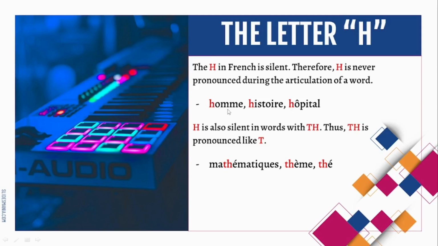So we have homme, histoire, and hôpital. I'm going to repeat it one more time for you guys. Homme, histoire, hôpital. All right, so from here you can see that the H is silent and is never pronounced when you say these words.